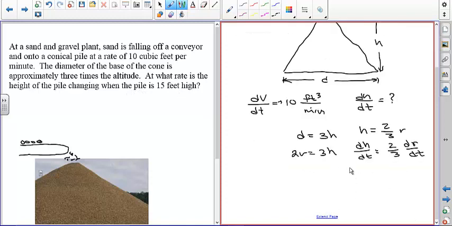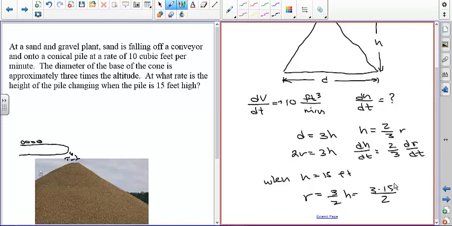So what I can do is say when h equals 15 feet, r is equal to, if I solve this for r, it's 3/2 h. So it's 3 times 15 divided by 2. Get my calculator out. Maybe I should have done it the other way.